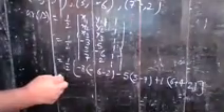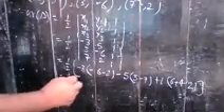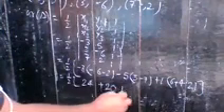Simplifying it, we have 1 by 2, 8 threes are 24, and 4 fives are 20, sorry, plus 20, and add 48.